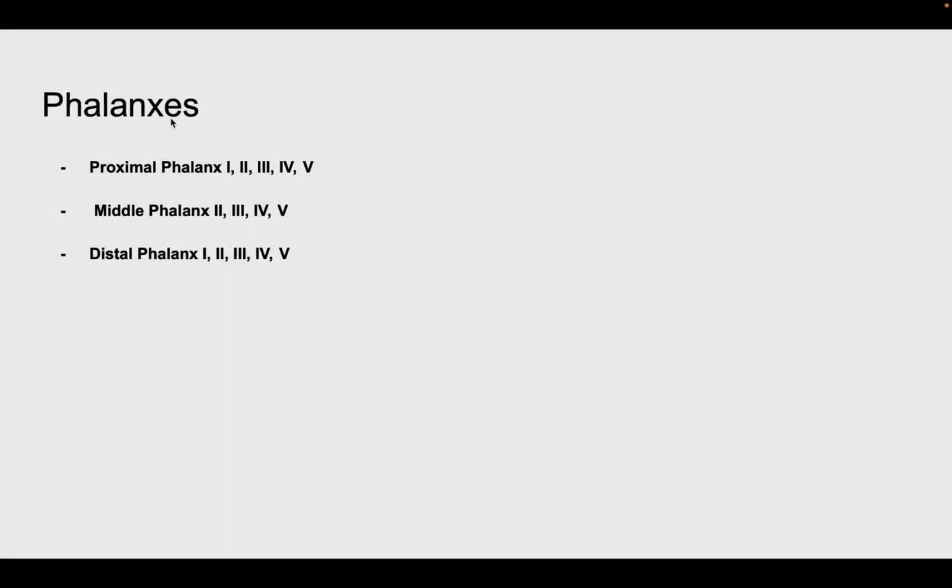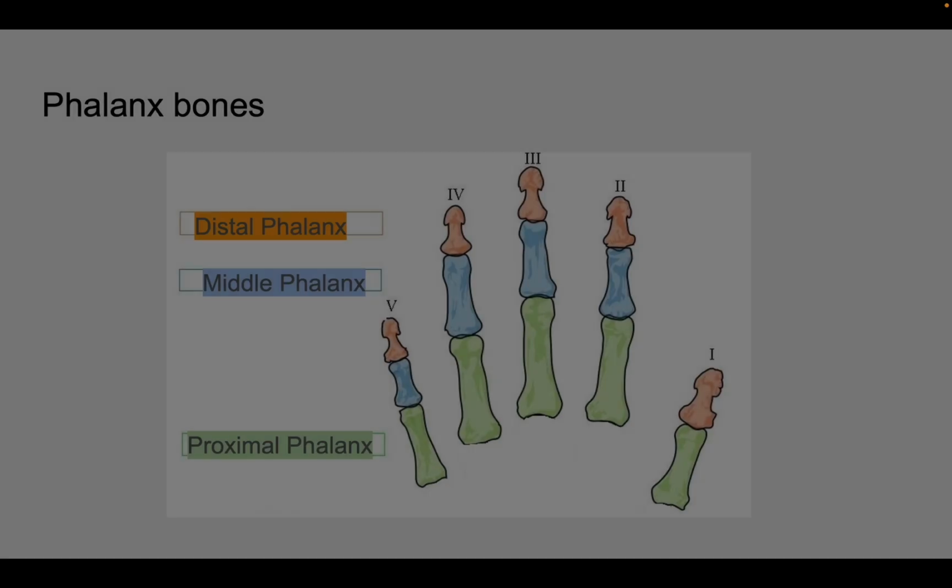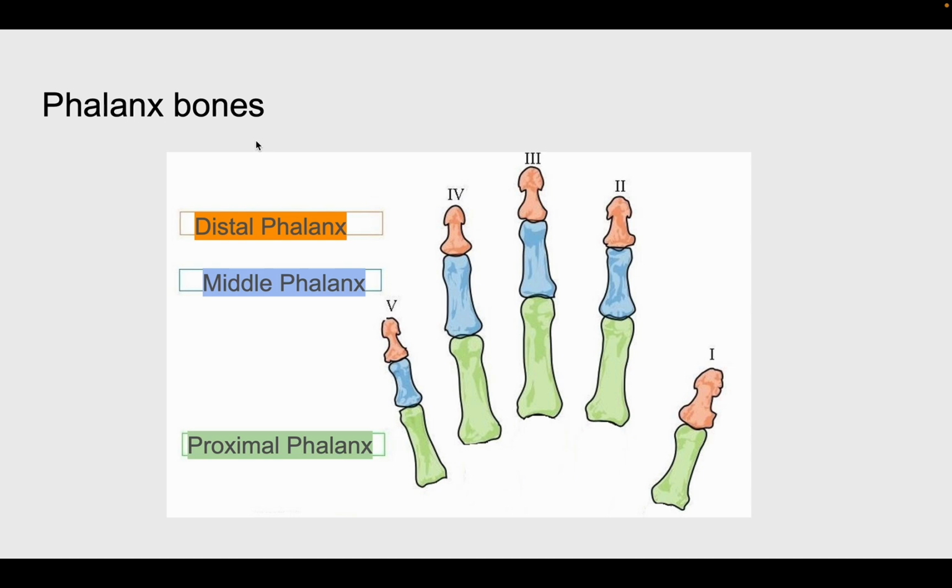Now moving on to the phalanx. We have the proximal phalanx going from 1 to 5, the middle phalanx going from 2 to 5, and then the distal 1 to 5. And these are the phalanx bones. This chart or this image will help you identify them clearly.